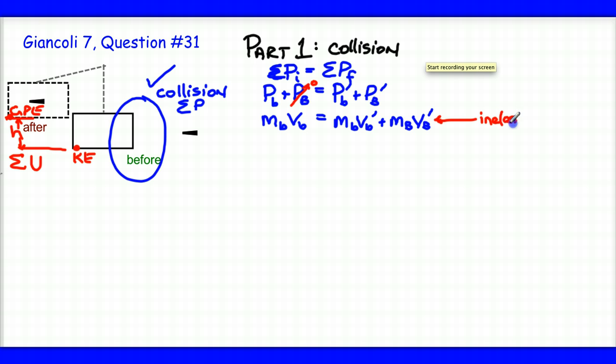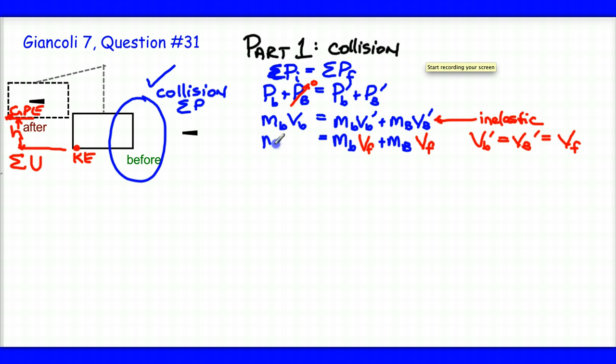So in an inelastic collision, we understand that the velocity of the bullet after the collision must be equal to the velocity of the block after the collision because they hit and stick together. And so I shouldn't be using separate variables to describe the same number. Let's call that VF. So I'm going to substitute each one of these terms, the velocity of the bullet and the velocity of the block, with V sub F.